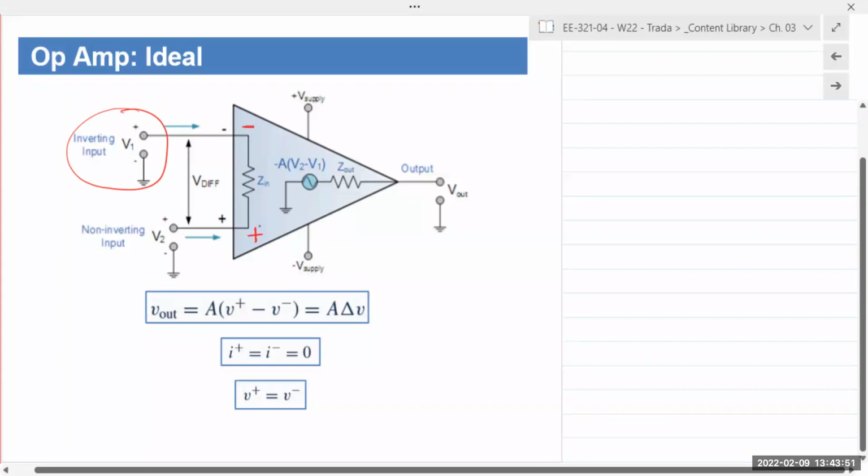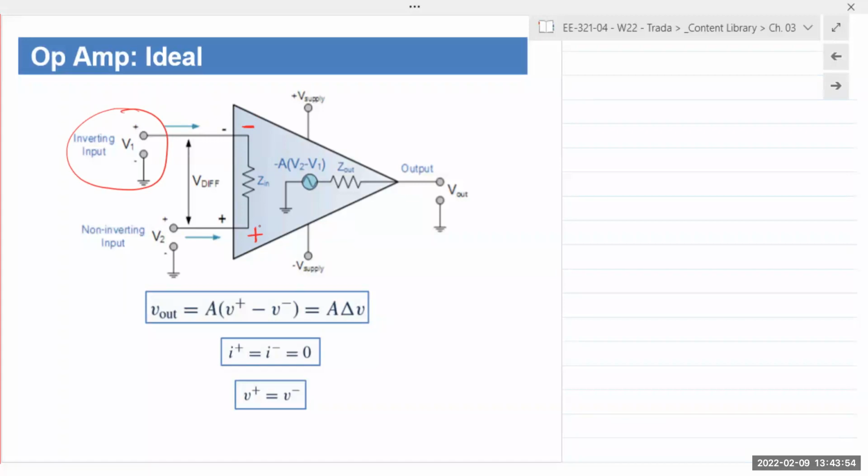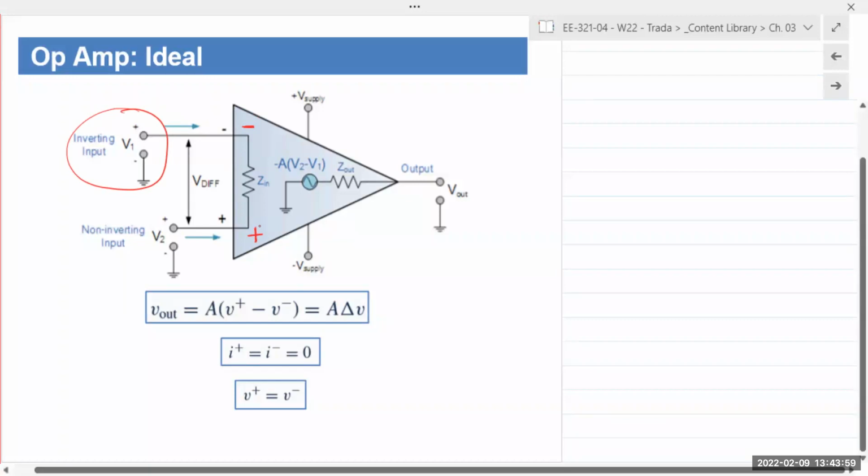Since we say the op-amp has infinite input impedance, Zin, the input impedance of the op-amp between the two terminals, is said to be infinity, whereas Z out would be 0. Of course, in real life, I would say Zin is approximately infinity, and Z out is approximately equal to 0.